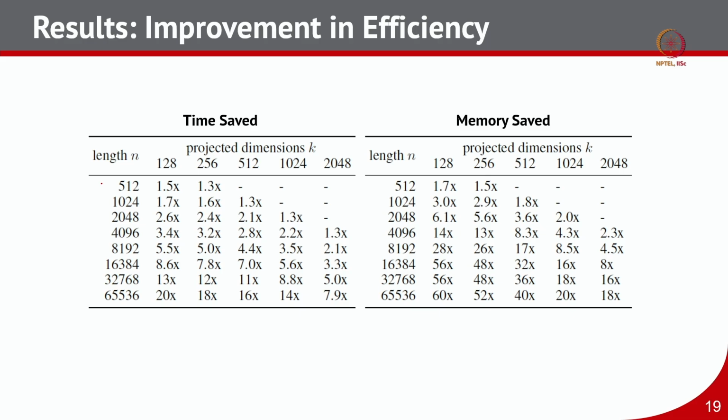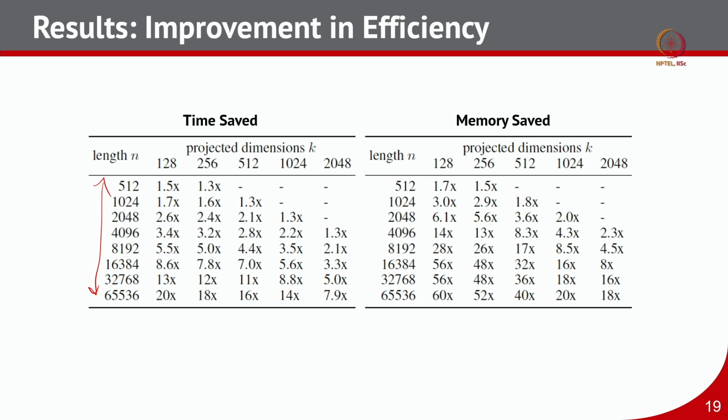This particular column is showing the sequence length, which is varying from 512 to 65536, and then all the numbers show the time saved for the different projected dimensions. Now, of course, if we project onto a lower dimension, the time saving will be higher.